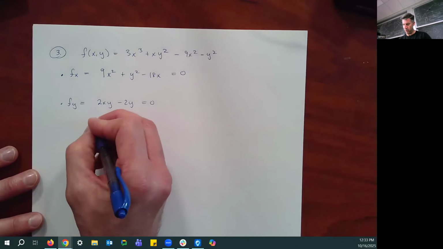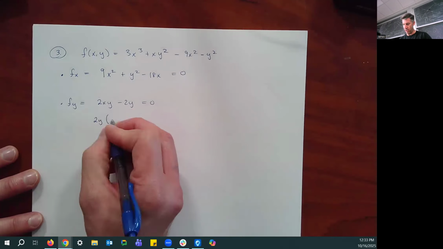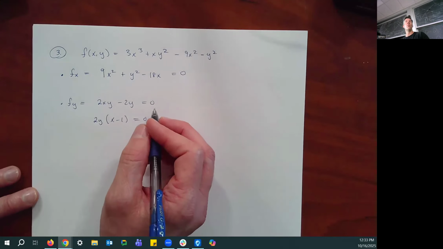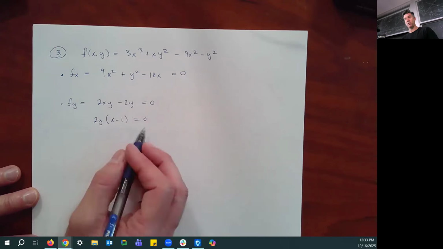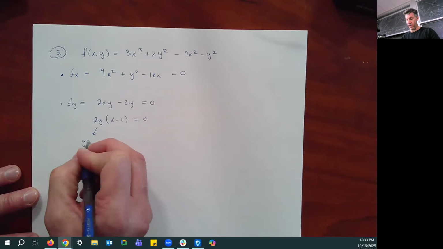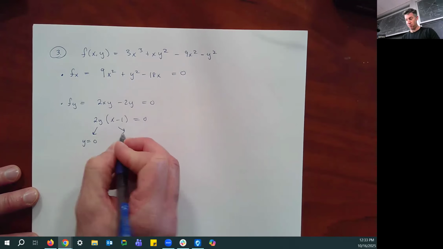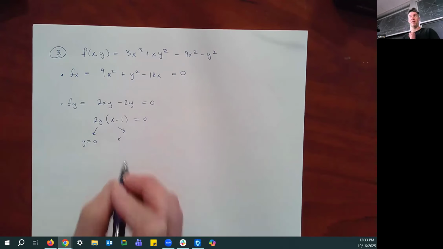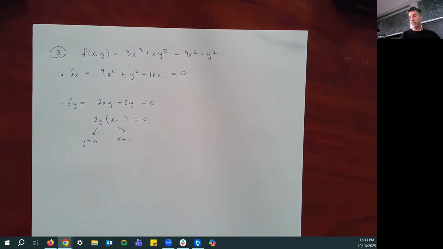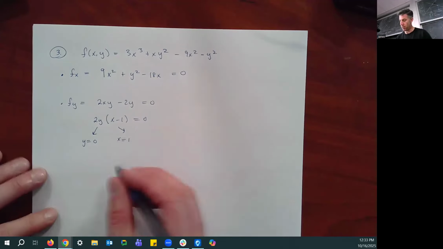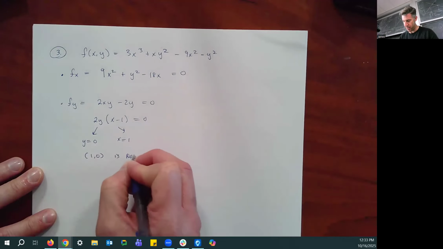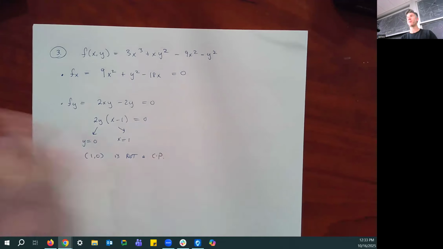So I'm going to have 2y multiplied by x minus 1 equal to 0. What are the values that make this equation equal to 0? Either y equal to 0 or x equal to 1. Here's a really important point of clarification: 1 comma 0 is not a critical point.